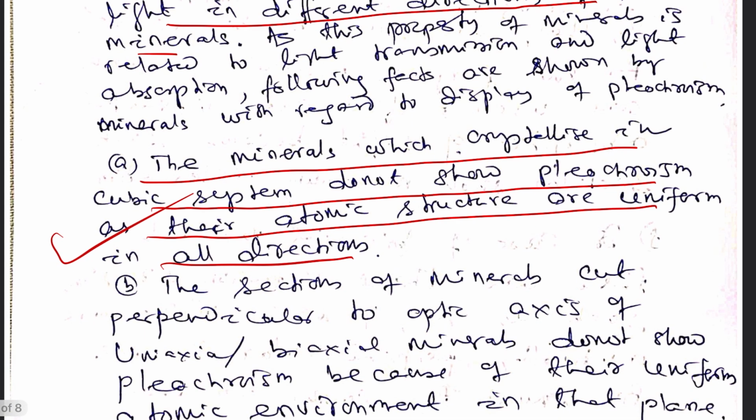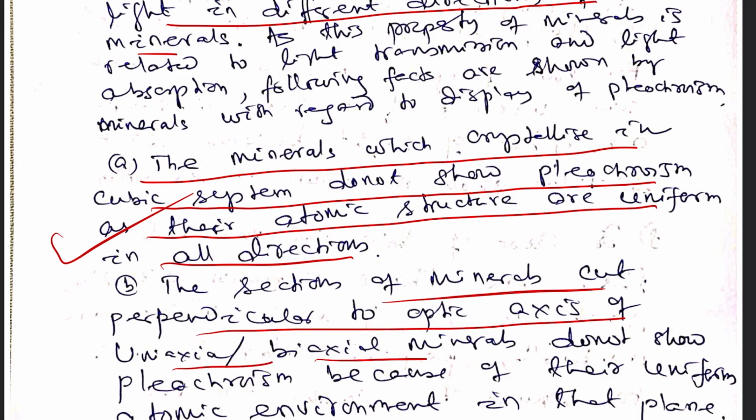The sections of minerals which are cut perpendicular to the optic axis of uniaxial or biaxial minerals do not show pleochroism, because these sections contain a uniform atomic structure.